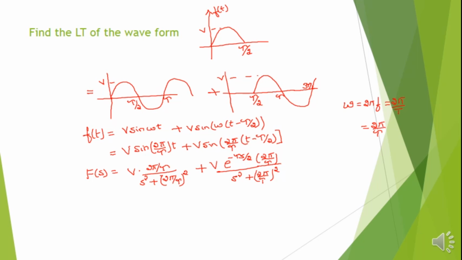So this is equal to V times 2 pi by tau divided by s square plus 2 pi by tau whole square, taking that outside, into 1 plus e to the power minus tau s by 2. So this is the Laplace transform of the given waveform.